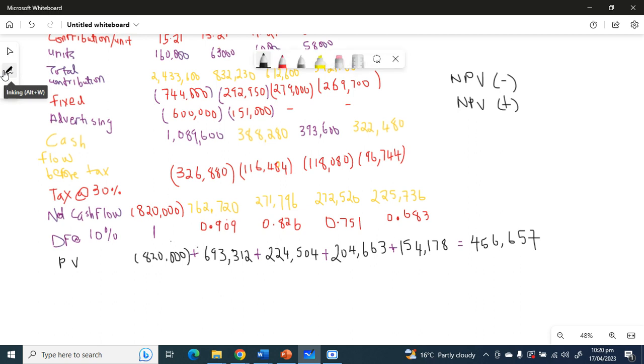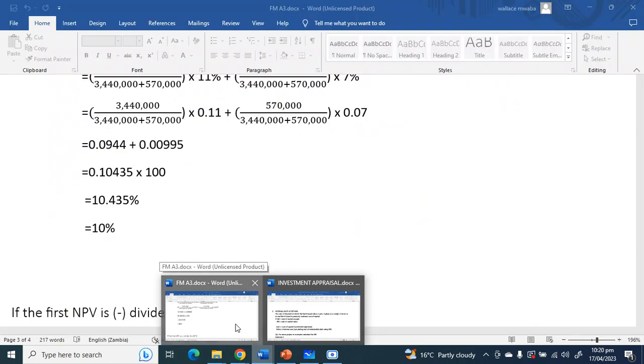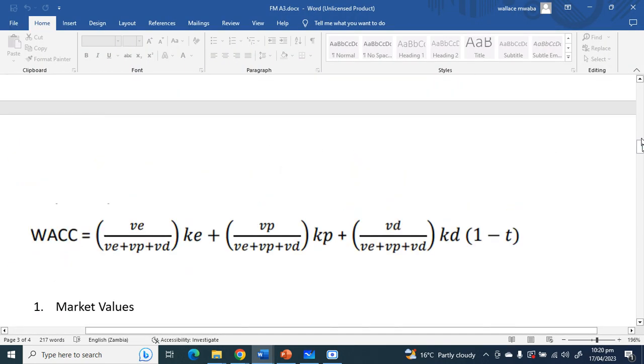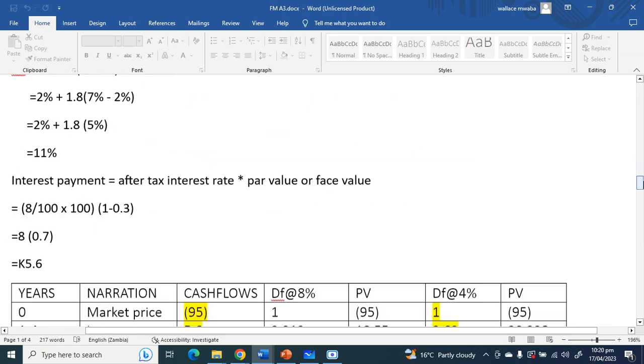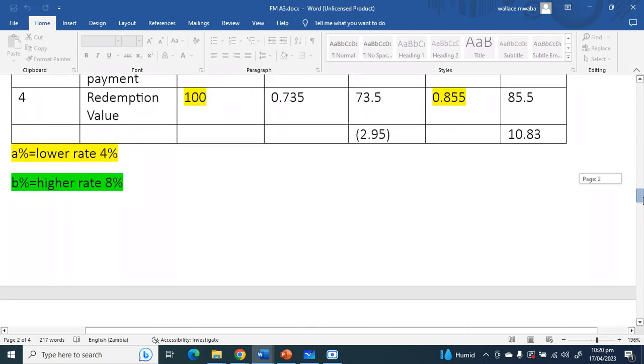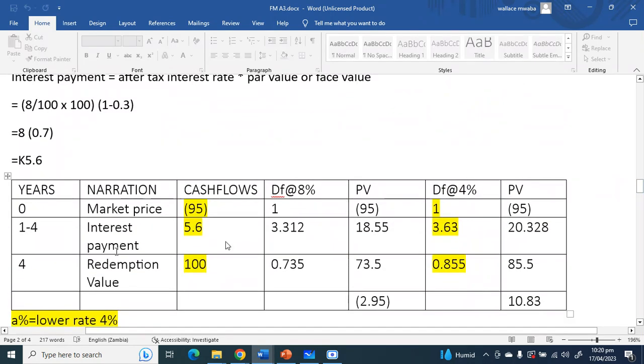So basically, the internal rate of return is more like a continuation of the net present value. If you remember how we did it here, that's the same thing that we're going to do. The only difference is that since our table is upside down, it's better we put it in this format.